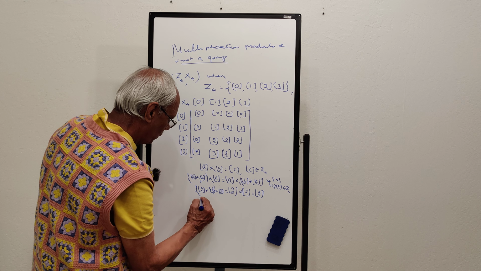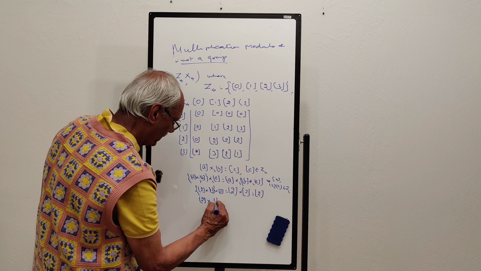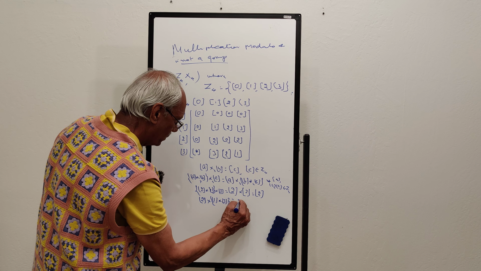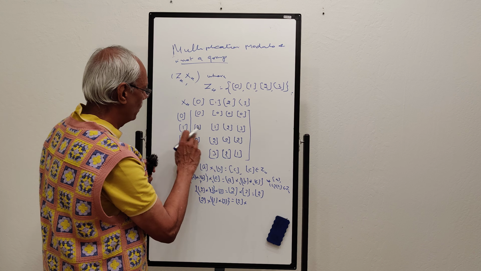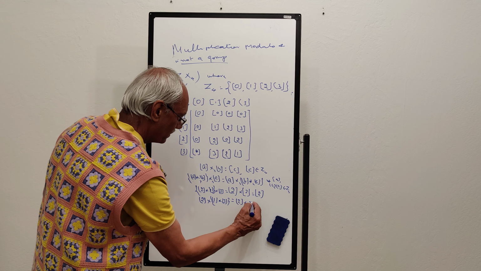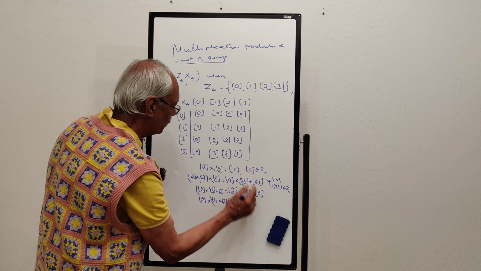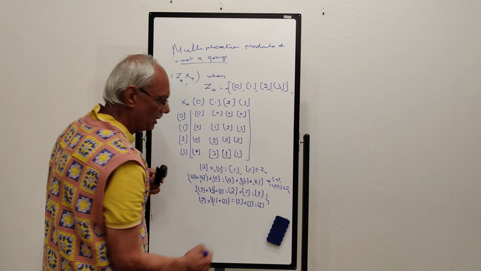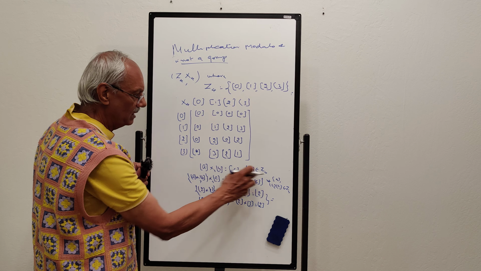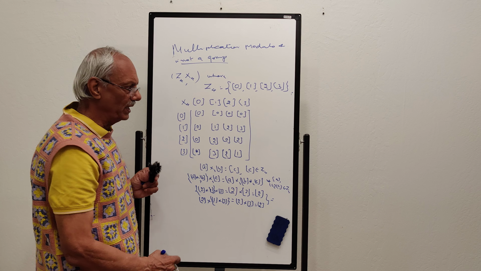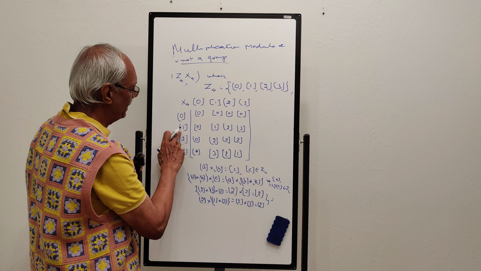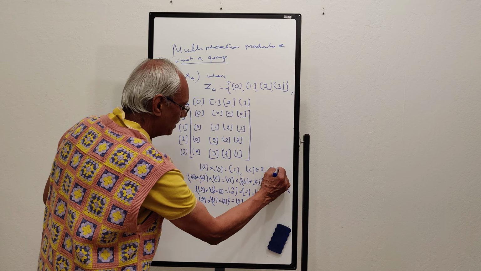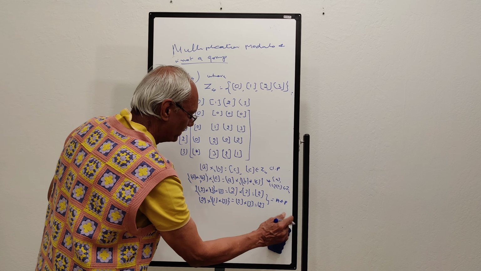And 2 into (1 into 3) is 2 into 3, which is 6, so it is equal to 2. So these two are equal. That means the associative property is satisfied, along with the closure property.